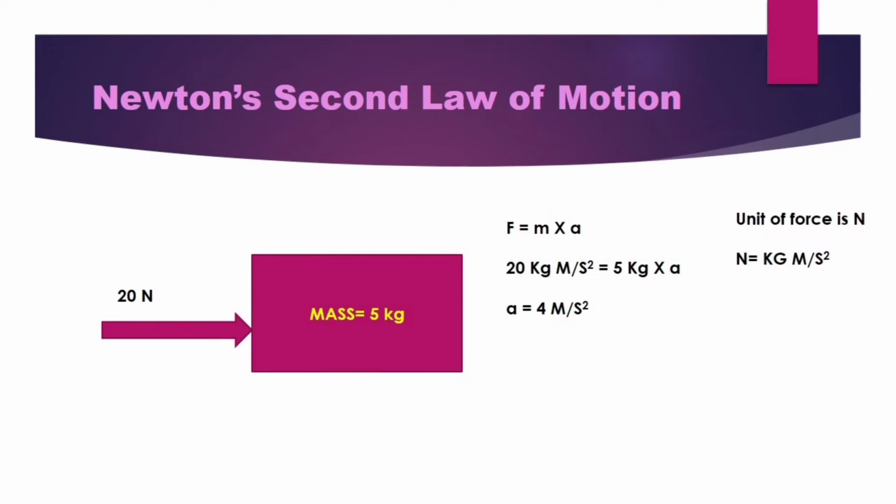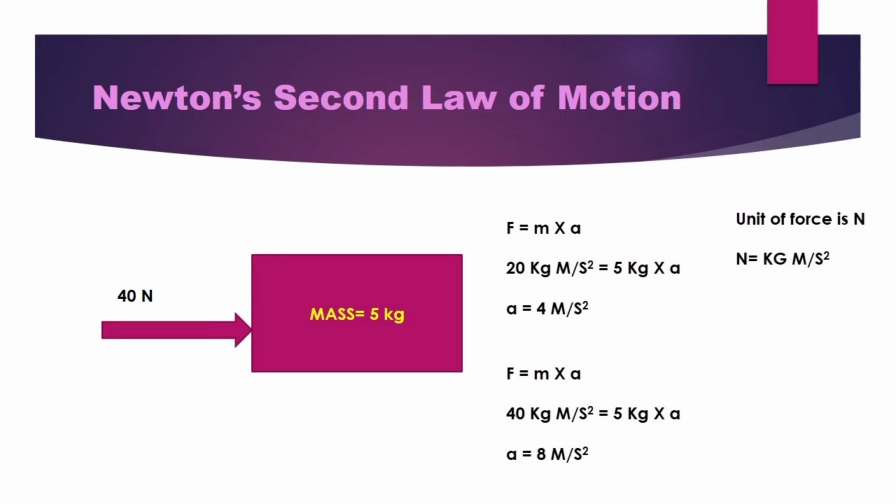Here, let's say that a net force of 20 Newton is applied on a block of mass 5 kilograms. Then force is equal to mass times acceleration. Force is 20 kg·m/s², mass is 5 kilograms, so acceleration would be 20 divided by 5, that is 4 m/s².